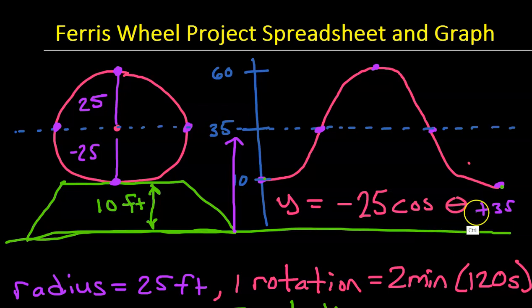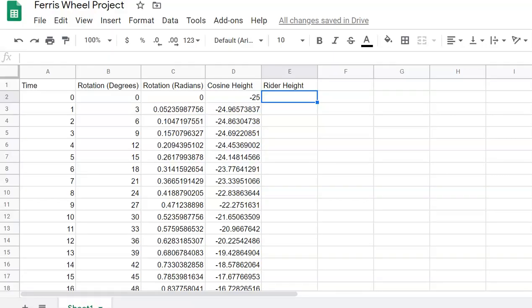Basically, you're adding 35 to whatever you had before. So honestly, I could just modify the formula and put a plus 35 on the end of the formula. That would just put the final answer right here. But instead of doing that, let's just do it in another column so we can kind of see it happening.